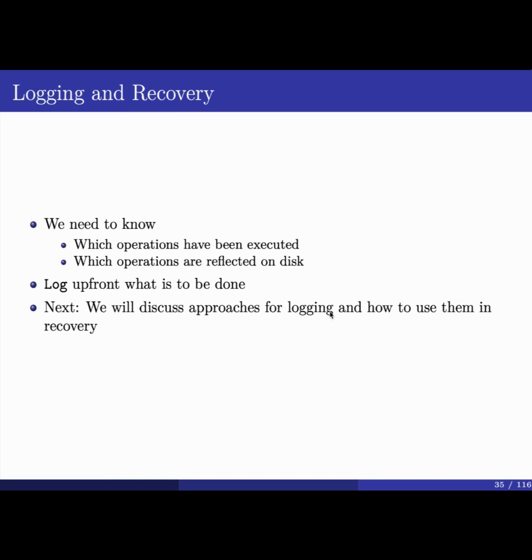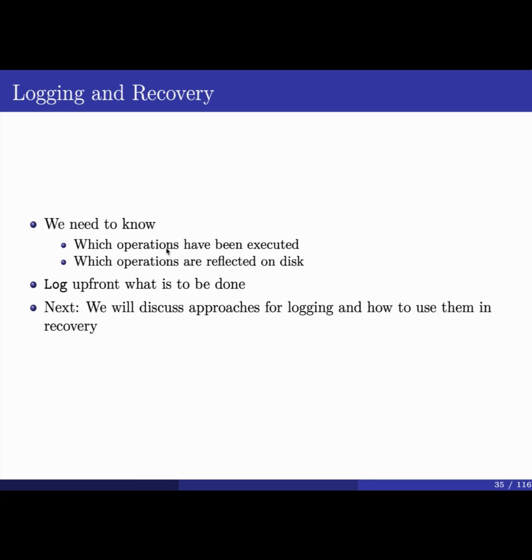So we need to know the following in logging and recovery. In order to undo or redo, I need to know what kind of information has been executed, and also which information was reflected in the disk. In other words, the transaction reads the data A and B, does some computation, then sometimes writes or updates the data at the disk.